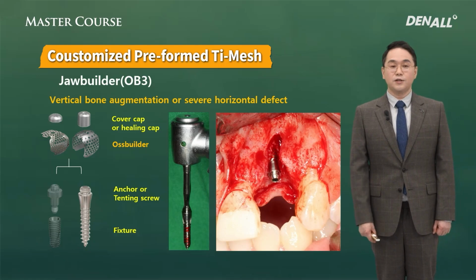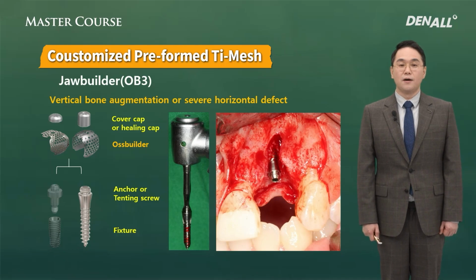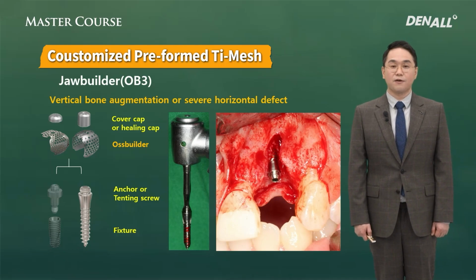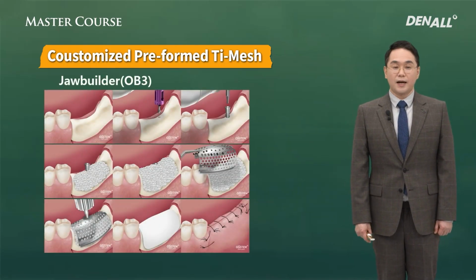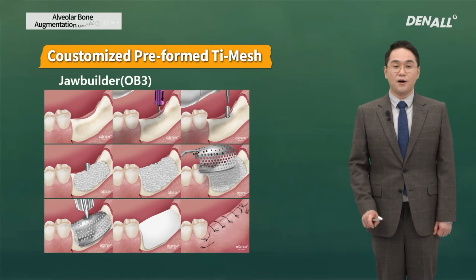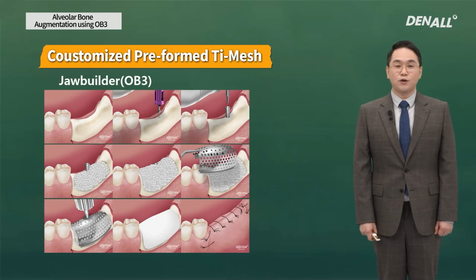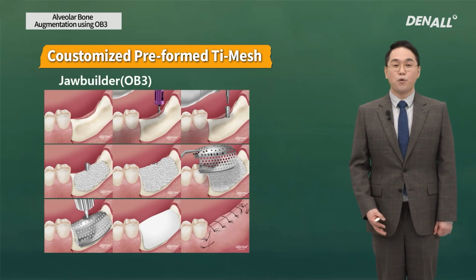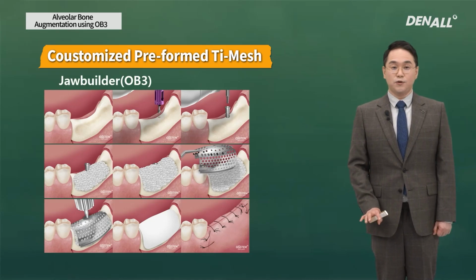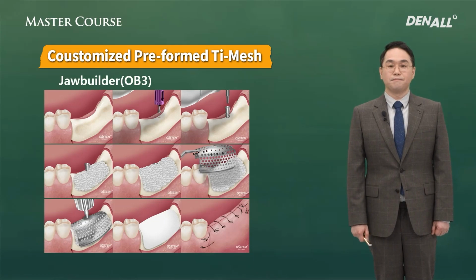To connect the Builder or Jawbuilder to the tenting screws, a cover cap or healing cap is used, just like the Builder connection. So when an implant cannot be placed, you need to drill a hole so that the tenting screw can go in. After that, bone grafting is done. Based on the tenting screws, the Jawbuilder would be connected.